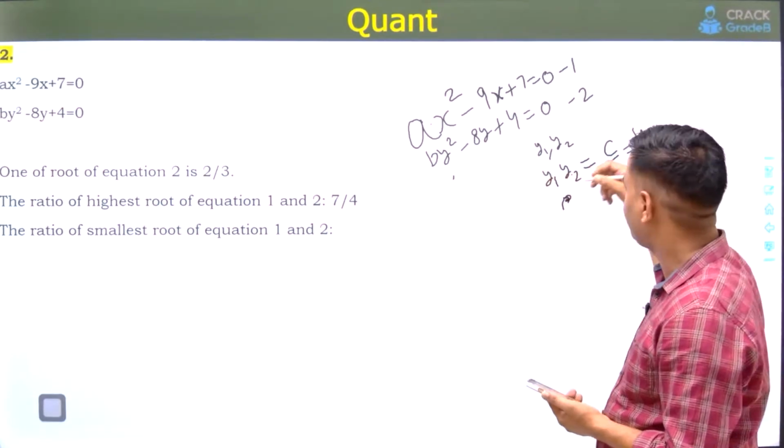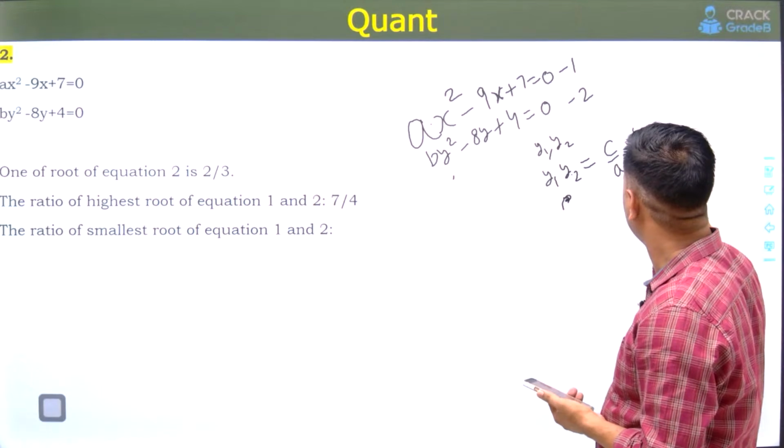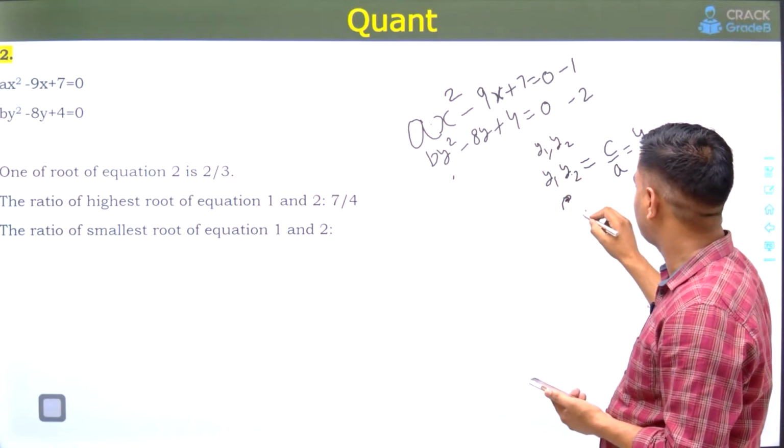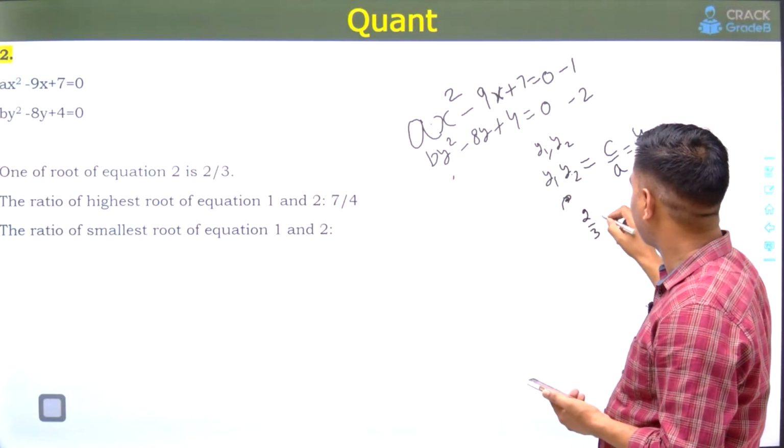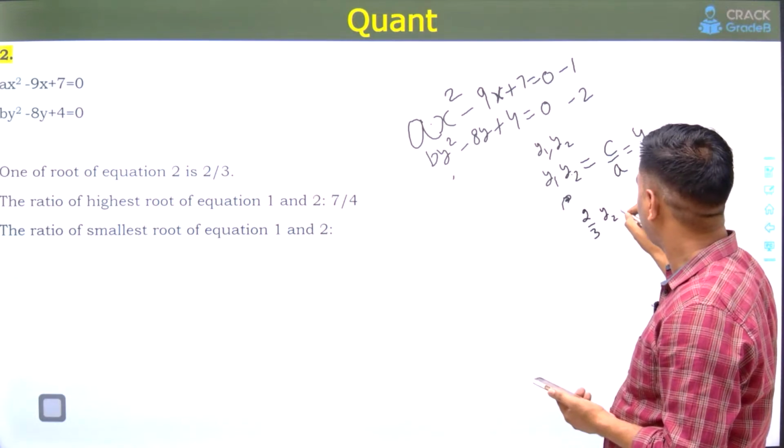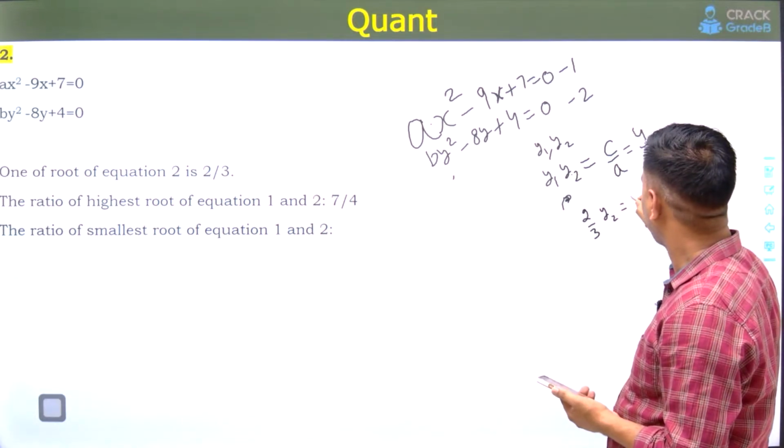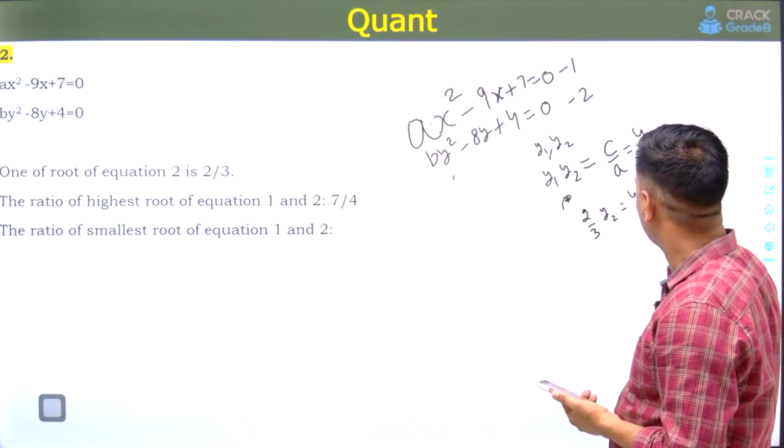And the value of a, b. One root is 2 by 3, so the product gives four by b.